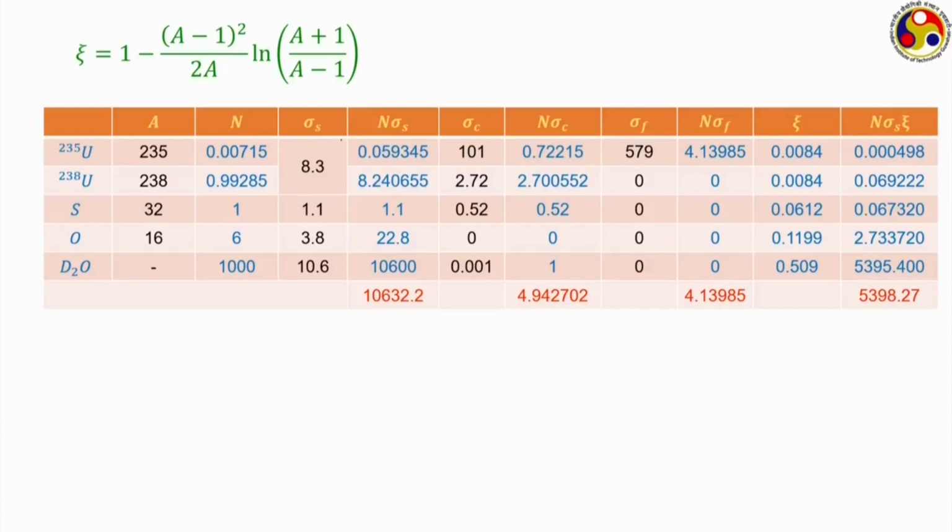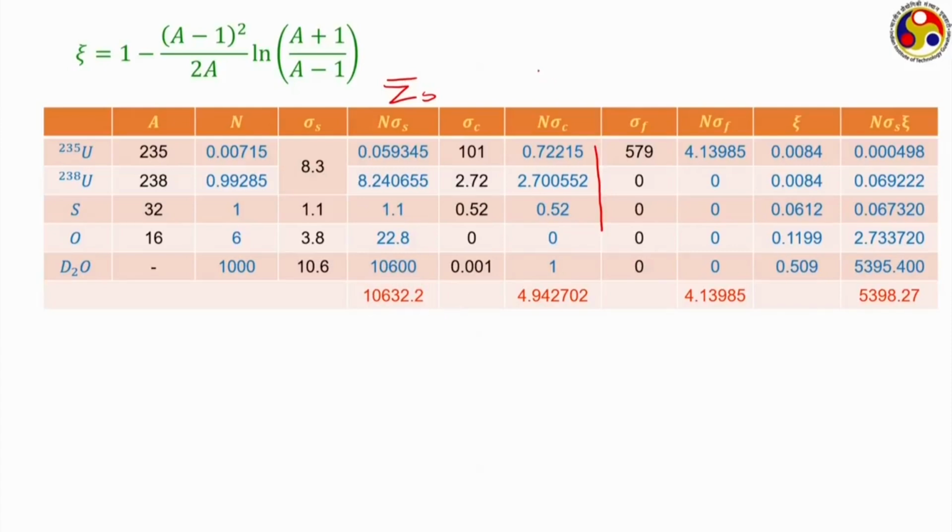Then sigma S is given. So, we compute N into sigma S, just multiply all the sigma S values with the corresponding N and then take their summation, that is the summation of N sigma S. In the same way we get N sigma C. Here N sigma S represents the macroscopic scattering cross section for every element, and this is the total summation.